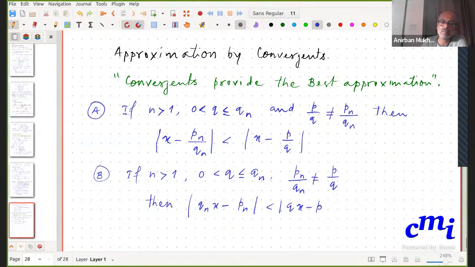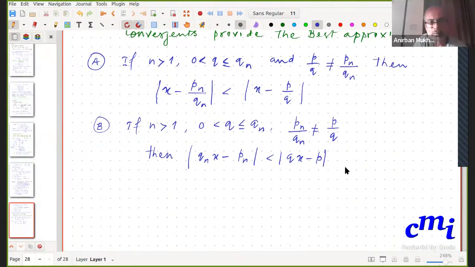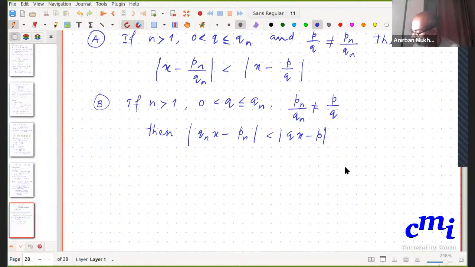So we consider this as a linear form. The first linear form in absolute value is going to be smaller than the second with these values. So the convergent actually minimizes that linear form.